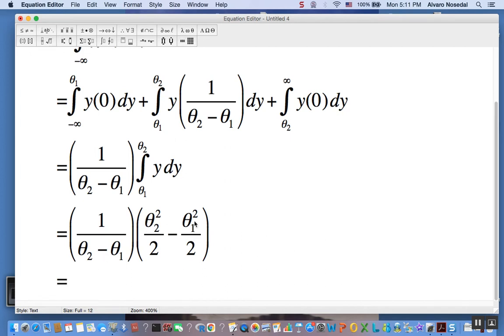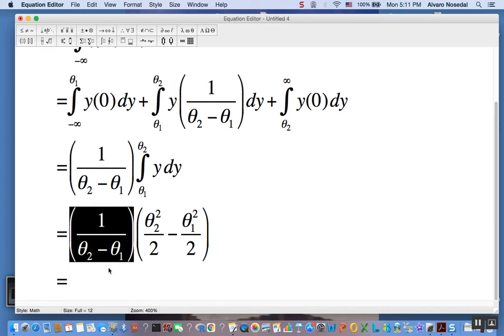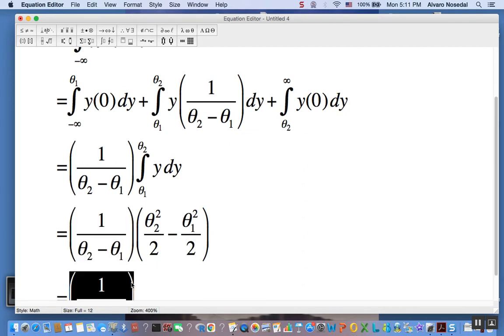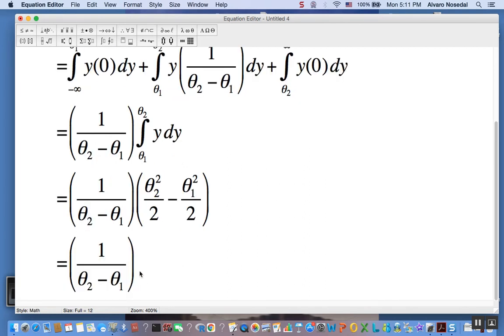Let me rewrite this in a nicer form. The first factor here in this multiplication I will leave unchanged, but the second one is the one that I want to write in a nicer form.